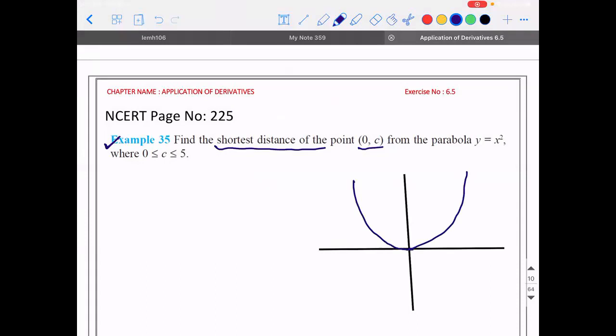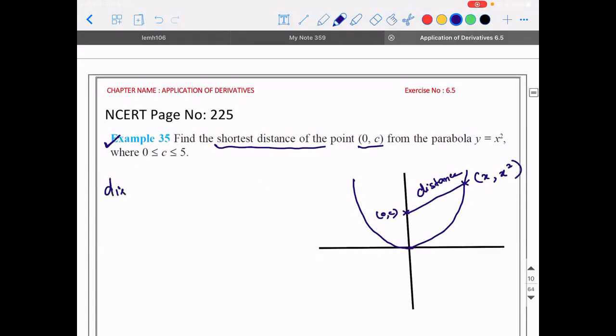So where is 0, c going to be? It is going to be on the y-axis. Okay. And there is a point on the parabola which is x, x square. If I join these two, I will get a distance.